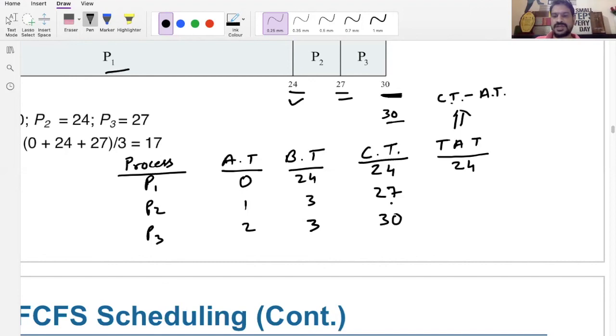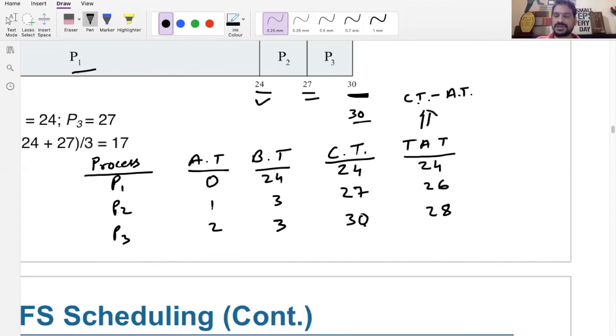Now completion time of P2 is 27, 27 minus arrival time 1, that is 26. Then completion time of P3 is 30 and it arrived at 2, so the turnaround time is 28.